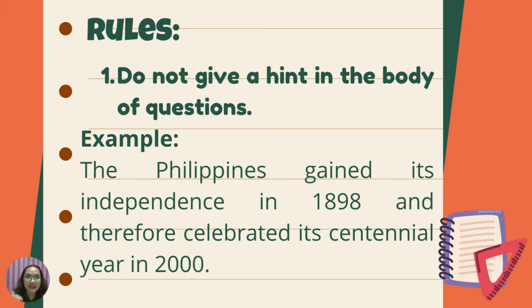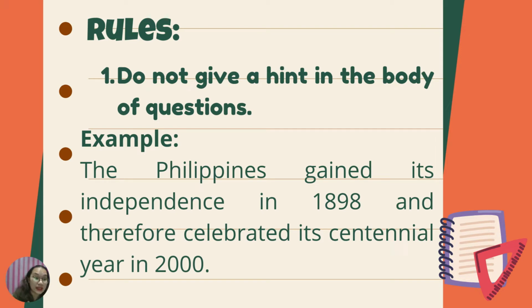The Philippines gained its independence in 1898, and therefore celebrated its centennial year in the year 2000. So obviously there are clues, or there are hints. The first hint here is the Philippines gained its independence in 1898, and there is also a clue that states centennial year in the year 2000.